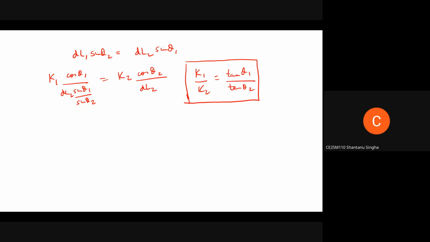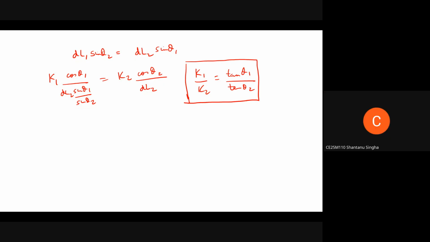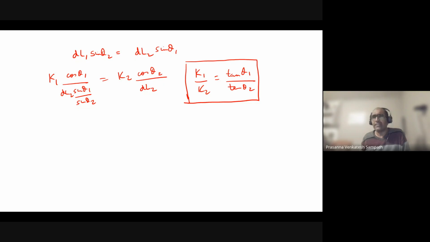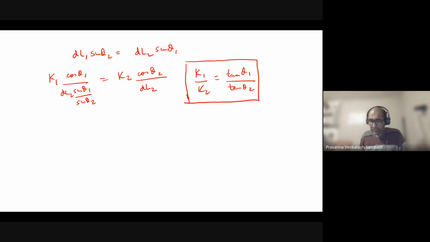You would get the coefficient of refraction, mu one by mu two, something like tan of the incident angle, tan phi one by tan phi two, if I remember correctly. Fair enough. So this is very similar to that.